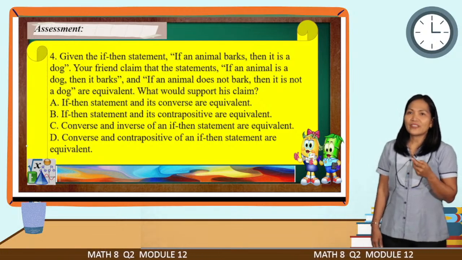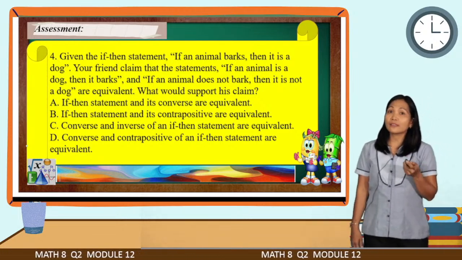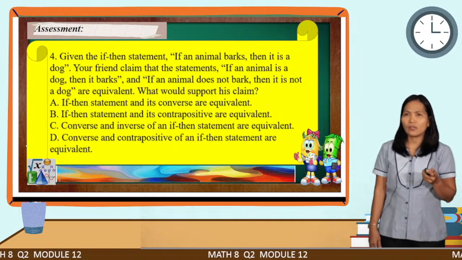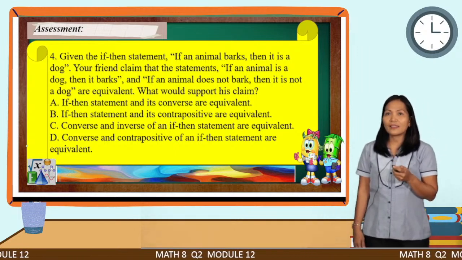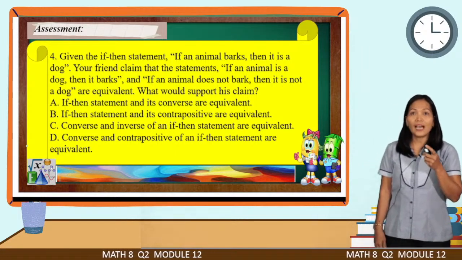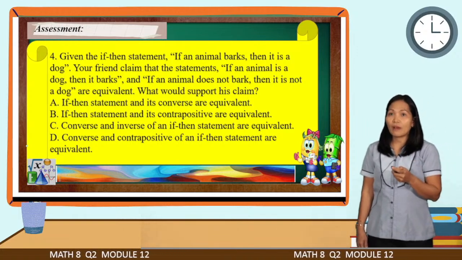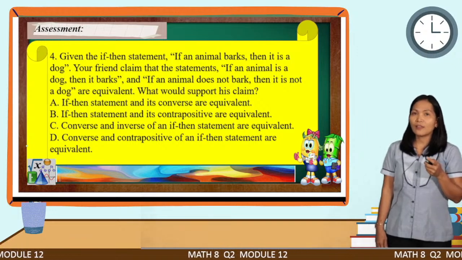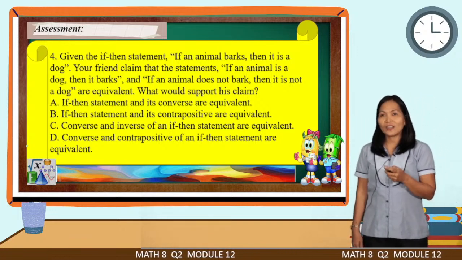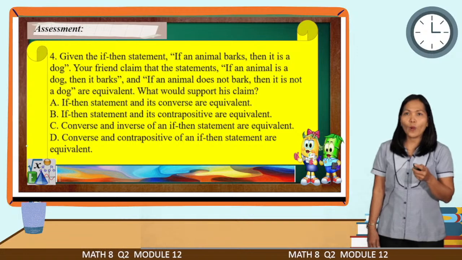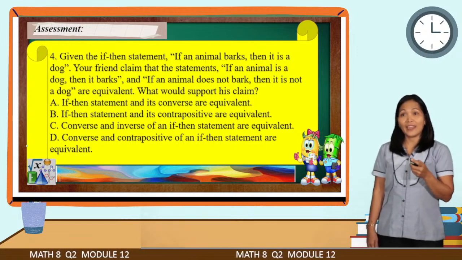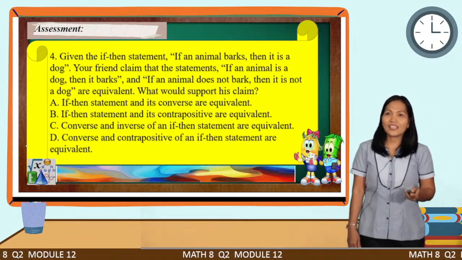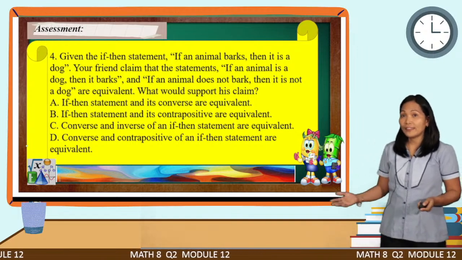How about number 4? Given the if-then statement, if an animal barks, then it is a dog. Your friend claimed that the statements, if an animal is a dog, then it barks, and if an animal does not bark, then it is not a dog, are equivalent. What would support his claim? Letter A. If the statement and its converse are equivalent.